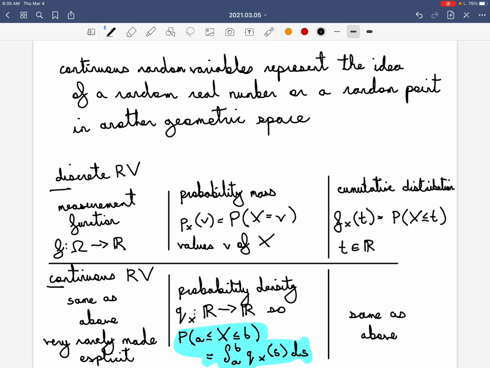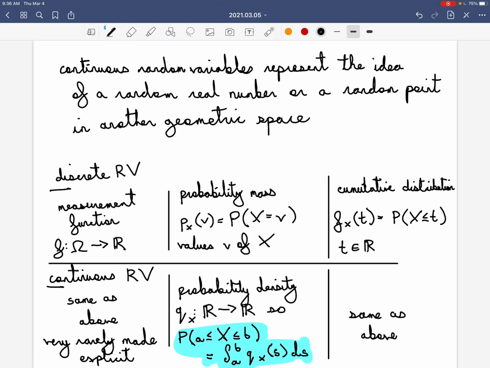Then the integral of q is going to be really close to 1, because the integral over the whole line is 1. What that tells you is that if you take some gigantic interval with a really negative lower bound and a really positive upper bound, then the probability that the random variable falls in that gigantic interval is very high. It's close to 1.